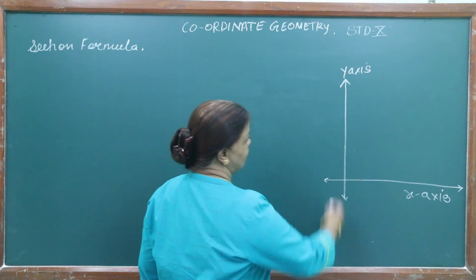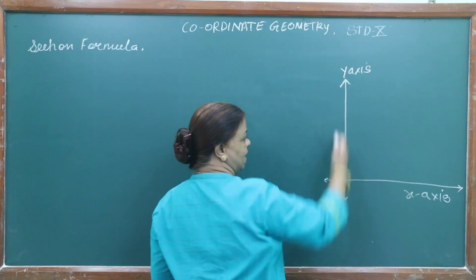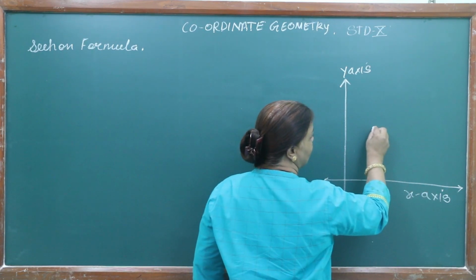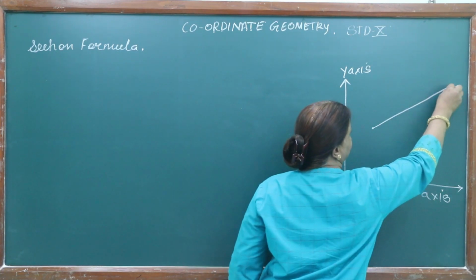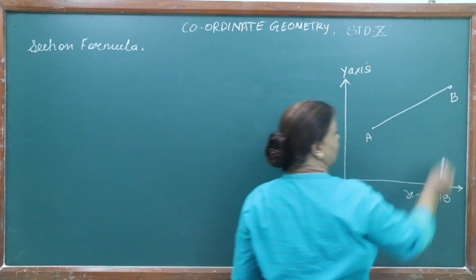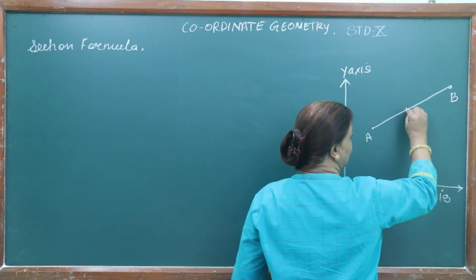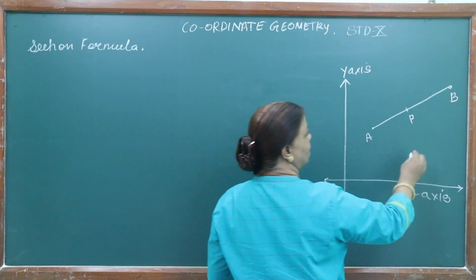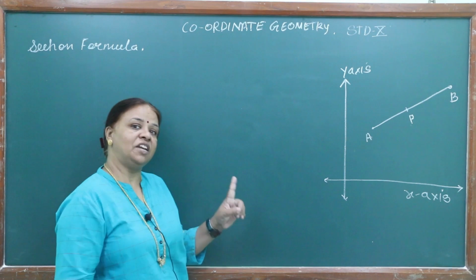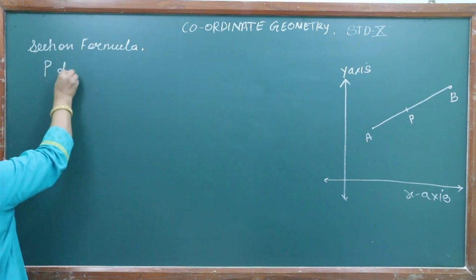So let us see. In the figure there is the y-axis and the x-axis, and I am taking one line segment AB. There is a point P on the line AB, and this point P divides the line segment in the ratio m:n.